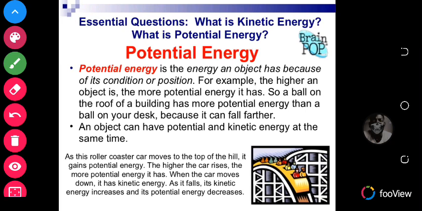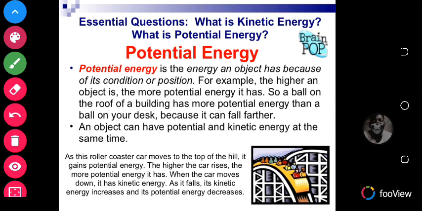So let's look at potential energy. What is potential energy? Potential energy is the energy an object has because of its condition or position. For example, the higher an object is, the more potential energy it has. So a ball on the roof of a building has more potential energy than a ball on your desk because it can fall farther.